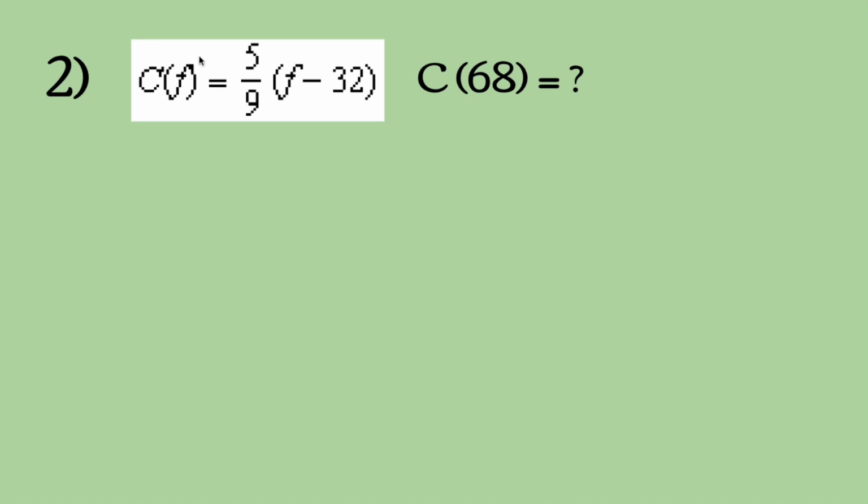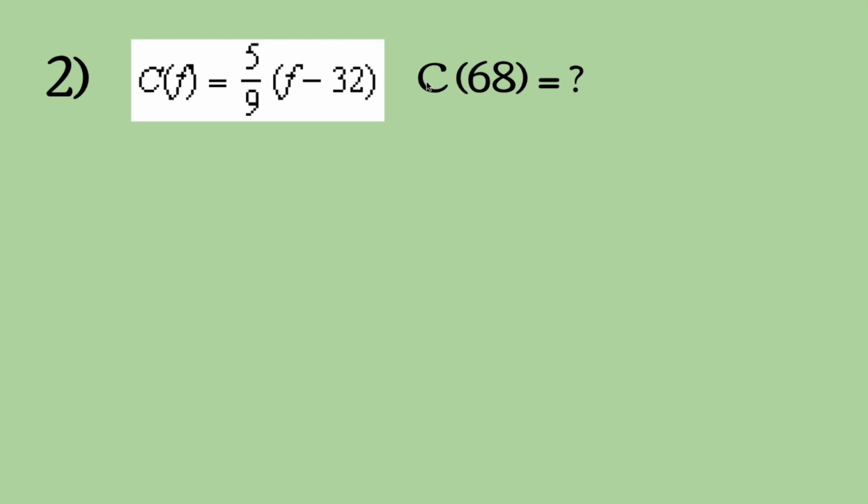Next, they give us this equation and then ask us what is C of 68. This question is pretty simple, and it doesn't really have anything to do with proportions, but this could be just a little review on functions. They're just asking us what C of f is.